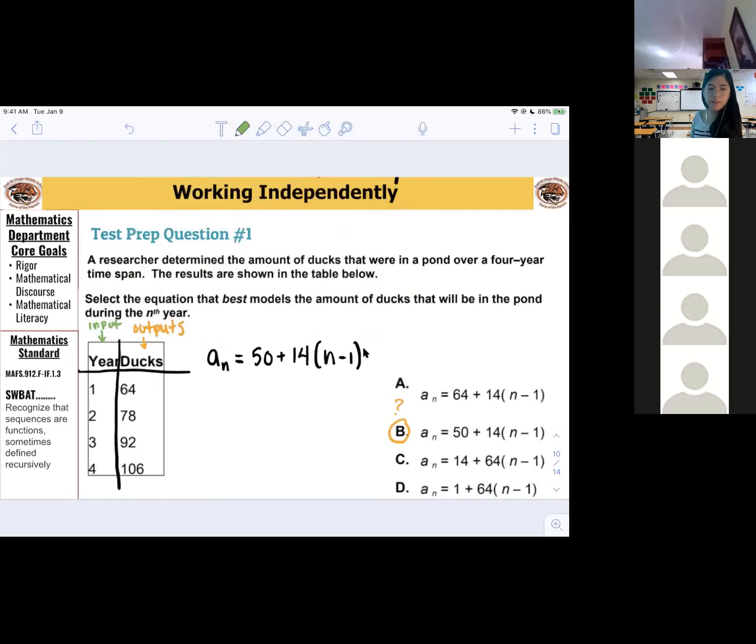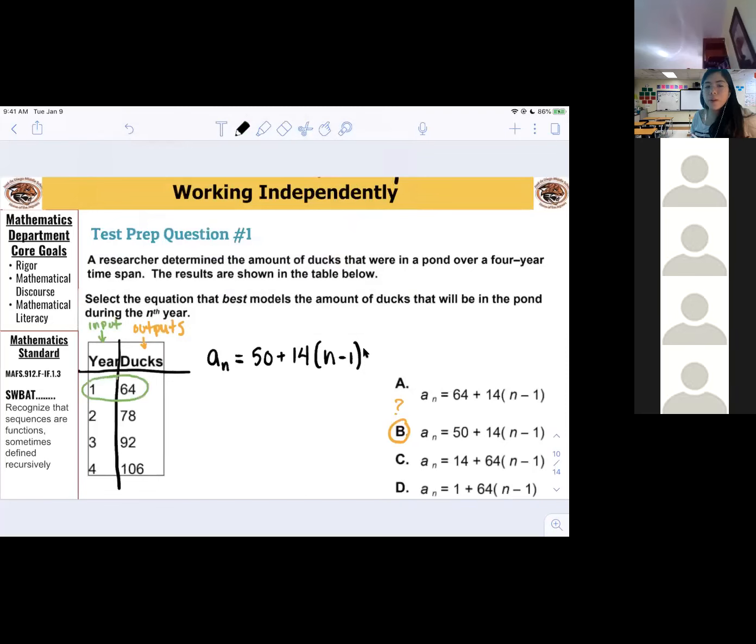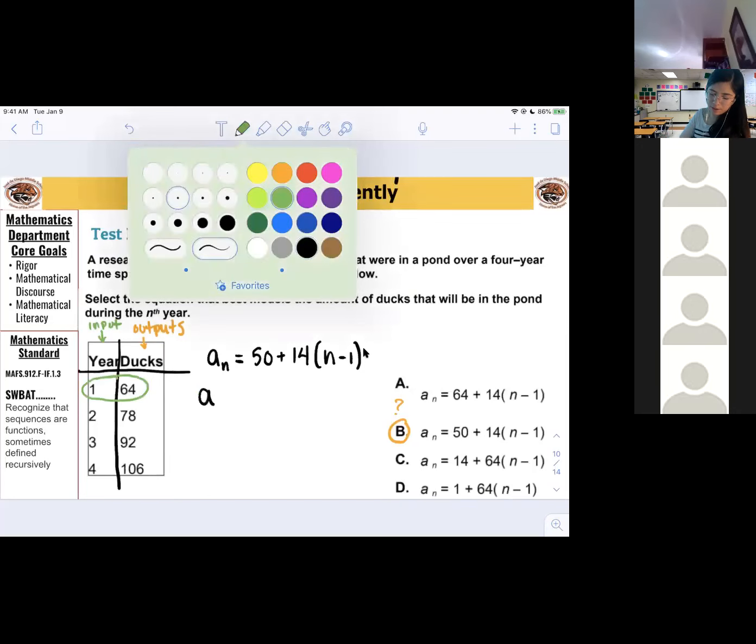So I can test any of these. Which one should I test? 1 and 64. Sounds good to me. So remember, which number is my input? The 1. So which variable am I going to turn into a 1? The n. So now I'm looking for A of 1.